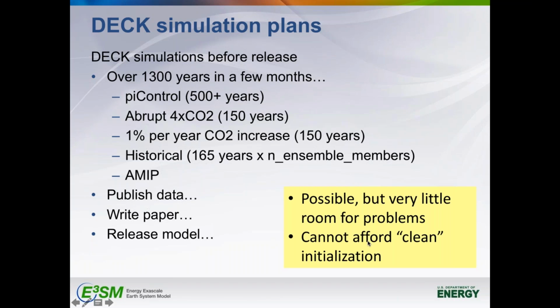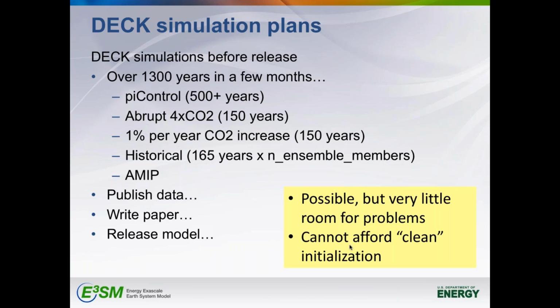Another challenge is that because of the constraint, we cannot do a clean initialization. A clean initialization would be basically starting from climatology of the present-day world ocean, spinning up the model with a GCMs, and then doing a long spin-up in the coupled mode. But we cannot afford to do that because it would probably require an additional 300 or 400 years, and we get maybe 50 years a week.